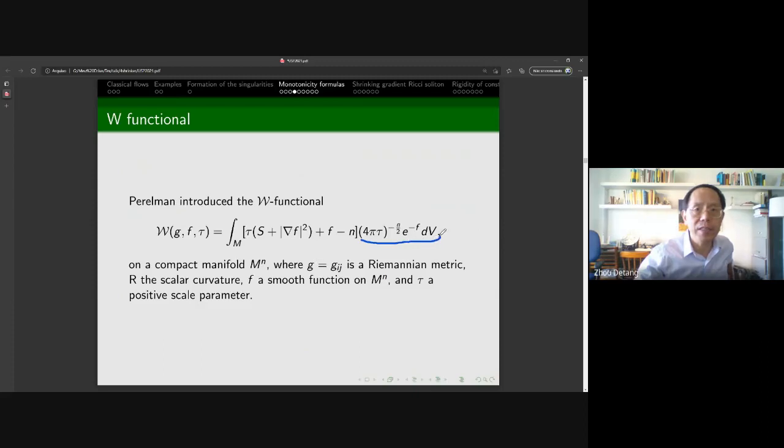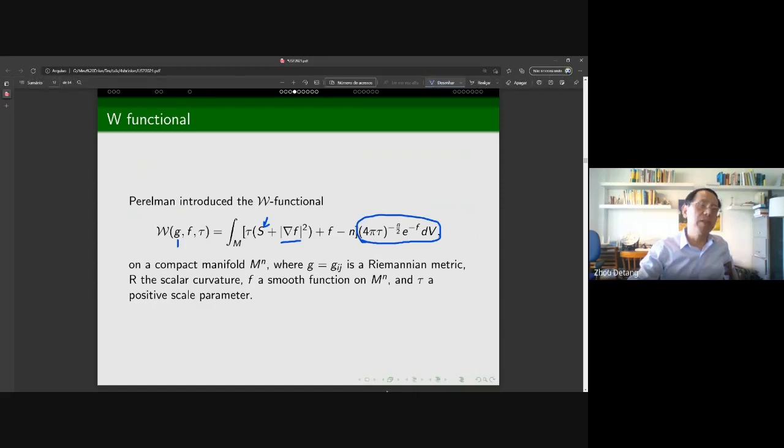If you isolate this term, it is just a probability measure. Here S is the scalar curvature, and the gradient of f is taken with respect to this metric. So you have f minus n. On compact Riemannian manifolds, Perelman defines this entropy, this functional.